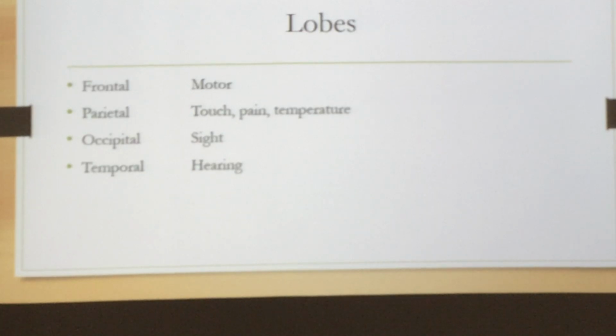Now, your parietal is up here. The temporal is the easiest one to remember because hearing and the temporal is right above the ears. So it's real easy to remember, temporal above the ears, okay? The sight is in back of the head. The frontal is right up in here, okay?